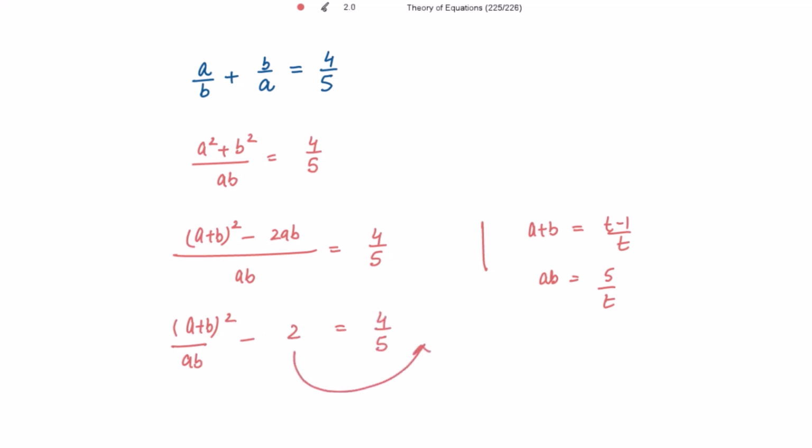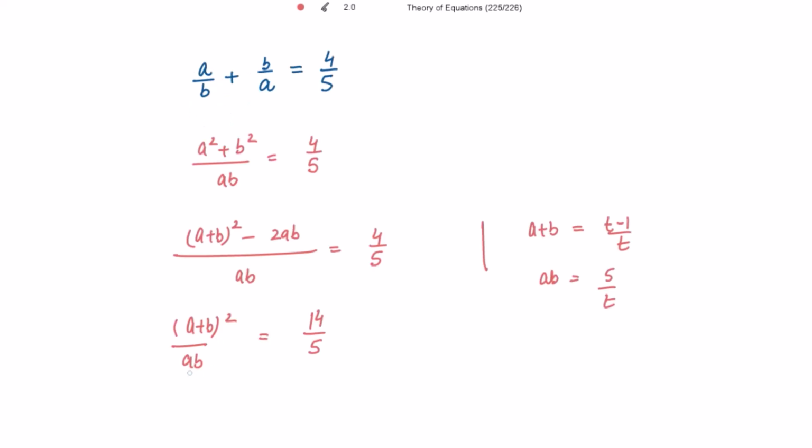Taking this 2 to the other side, we get 4/5 + 2, and this is equal to 14/5, right? And now let's put the values of these two over here. We get (a + b)², that is ((t − 1)/t)², divided by the product ab, that is 5/t, that is t/5, equals 14/5.